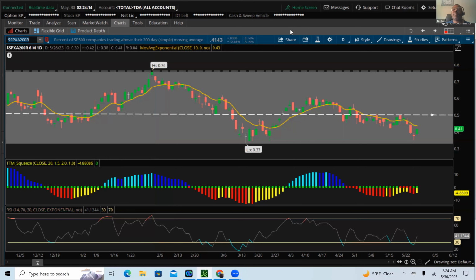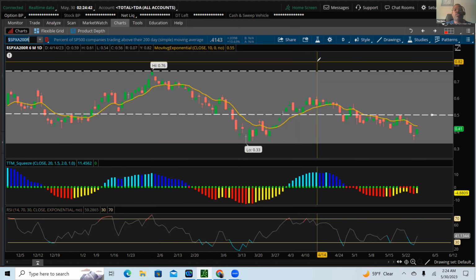For those who've been watching me talk about this tool, I did post a video not too long ago strictly on how this tool oscillates and what you need to look out for, which can be very, very crucial to what we can expect in our overall market. So this is again a sentiment gauge. I use it as a sentiment gauge as to which way markets are heading.